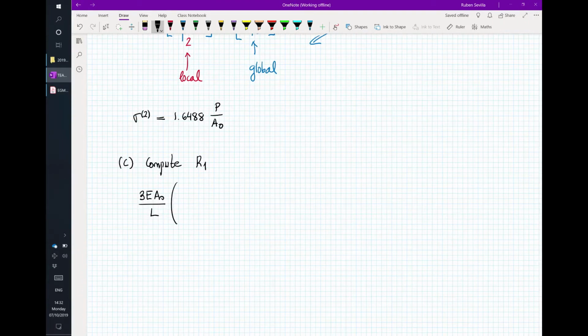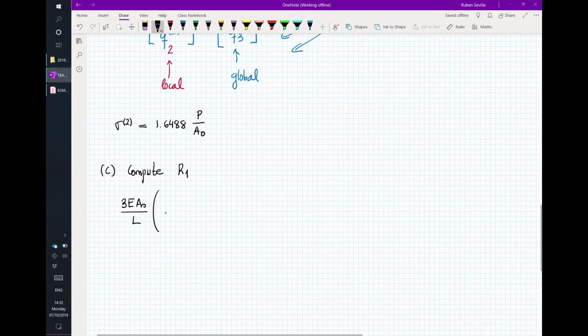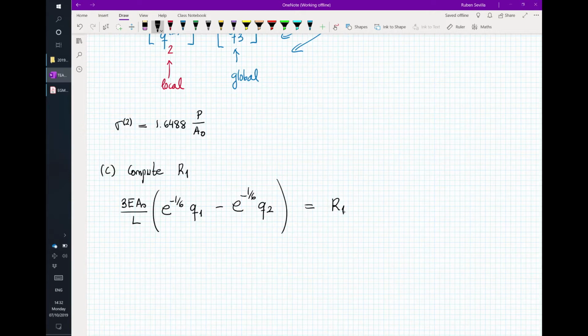So that is E, minus 1 divided by 6, multiplied by Q1, plus, or minus actually, E minus 1 divided by 6 multiplied by Q2, equals the reaction. Q1 is 0, Q2 is known. That's it. This is how you compute the reaction afterwards.